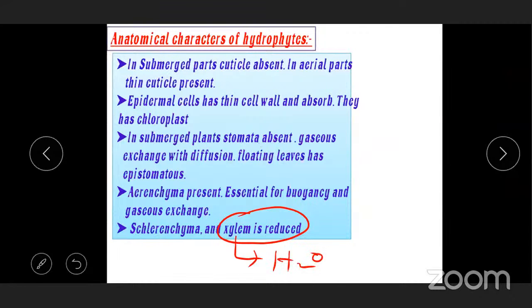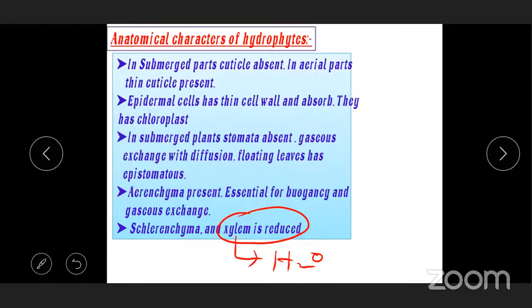All body parts of hydrophytes are present inside the water. All body parts of hydrophytes are exposed to water.